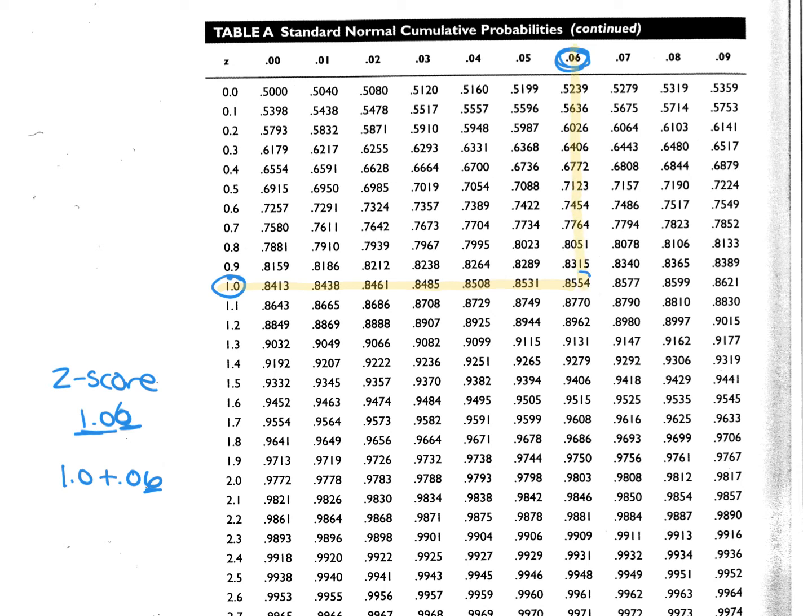This area right here represents the area to the left of a z-score of 1.06. So 85.54% of the area is to the left of 1.06 on the standard normal curve.